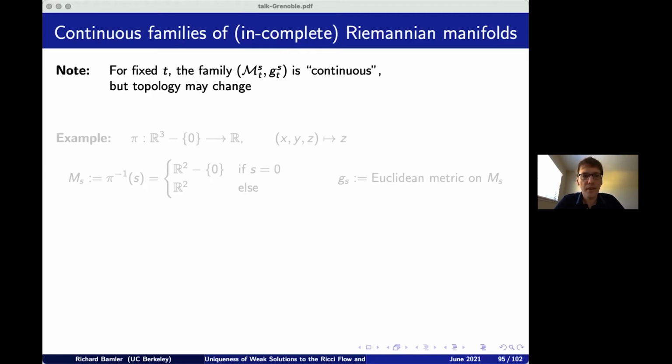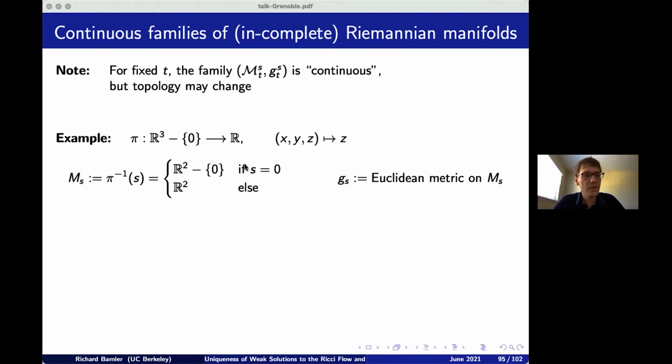Well, here's a very simple example where we see some kind of continuity property, but we have a change of topology. Okay? So let me consider just the Euclidean space minus the origin, 3D Euclidean space, and the projection onto the last coordinate. So this is a submersion. And so we can look at all the fibers of the submersion. And let me call M_S the fiber over the place S. Yeah?